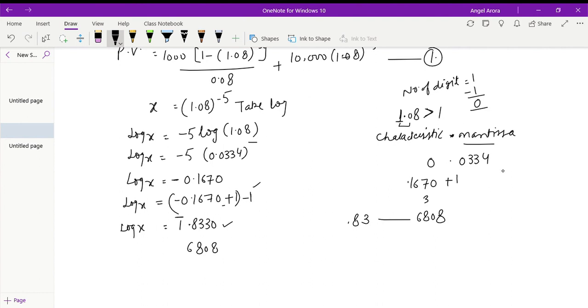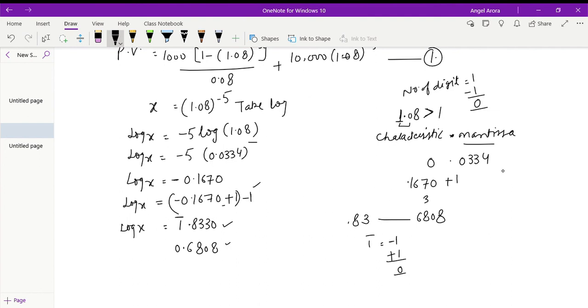Now characteristic part is bar 1. 1 bar, which is equal to minus 1. So we add 1 to this. Minus 1 and plus 1 is equal to 0. So that means we have to put decimal after 0 digit in this value. That means at the starting of the value. So it will be 0.6808.